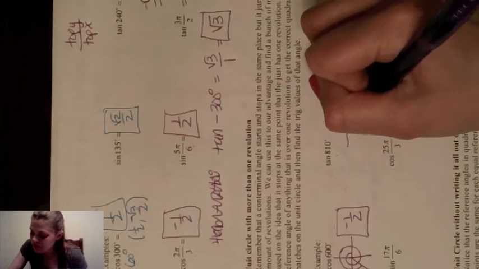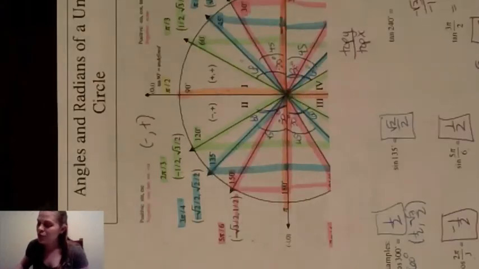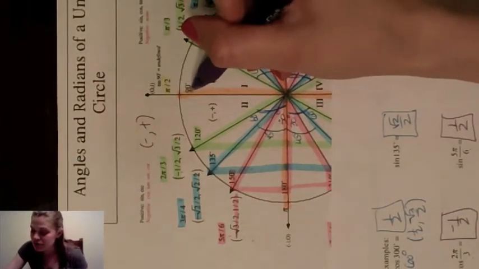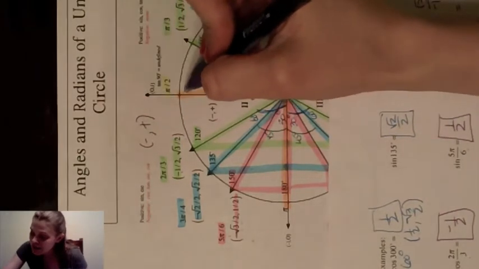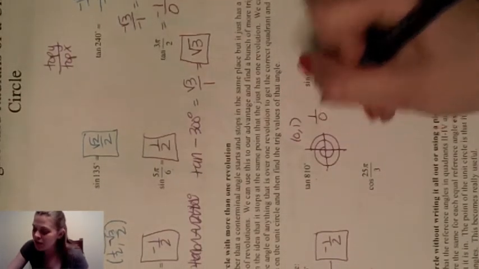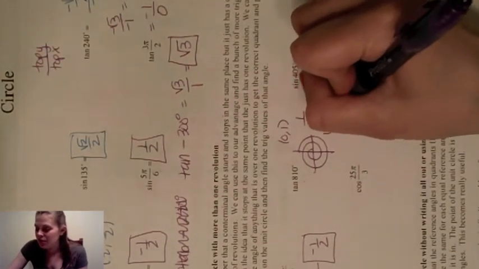I subtract another 360 and I get 90. This means I've gone around one full time, a second full time, and then to 90. So the tangent of 810 has the same value as the tangent of 90. Notice your point at 90 is (0, 1). Our tangent is y over x, so 1 over 0. Remember, you can't divide by 0, so I'm going to call it undefined.